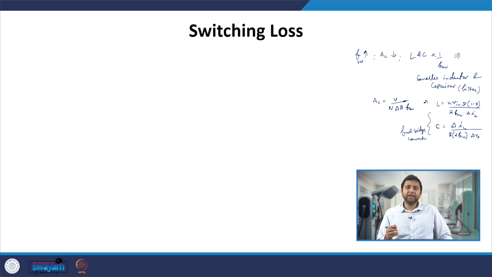Further, if you look at any DC-DC converter, whether it is our buck converter, buck-boost converter, boost converter, or isolated converters, in all of them we have some set of switches, maybe 2 or maybe 4, depending upon the kind of converter. Then we have filter inductance, filter capacitance, and if it is an isolated DC-DC converter, we have the isolation transformer.